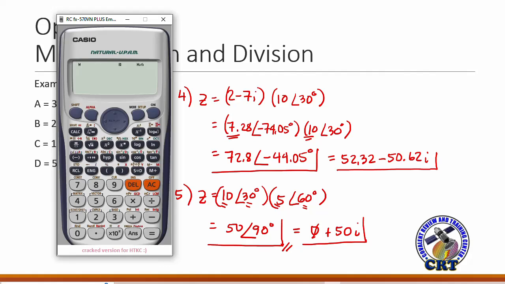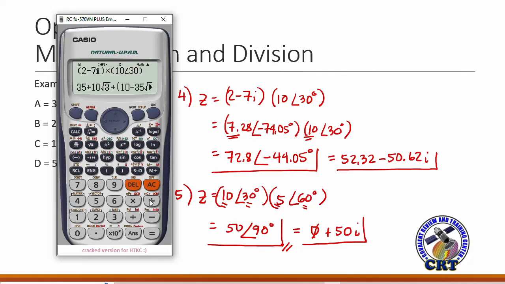Let us now use the mode 2 function of your calculator. So press mode 2 for the complex operation. Then enter the given operation. So this is parenthesis 2 minus 7i close parenthesis times 10, parenthesis 10, shift 2 to press the angle, 30 degrees, then close parenthesis and press equal sign.